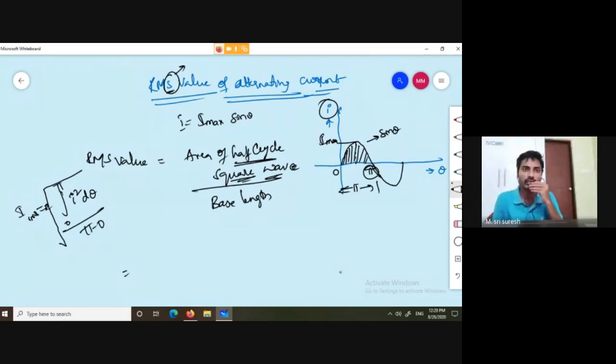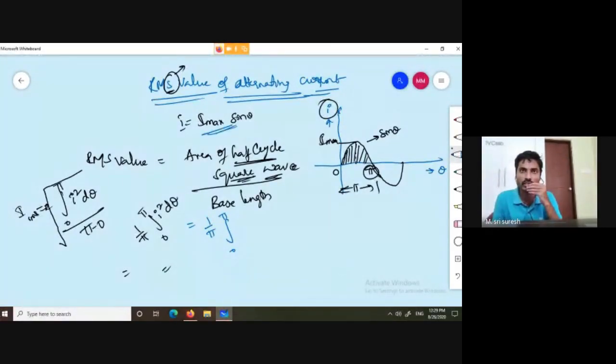Now we need to calculate this. First we calculate the area. So 1 by pi, integration from 0 to pi of i square.